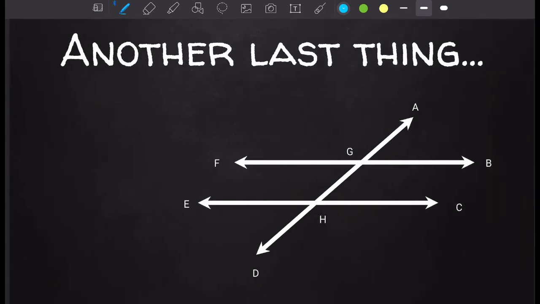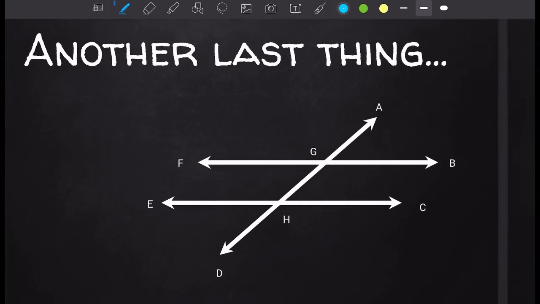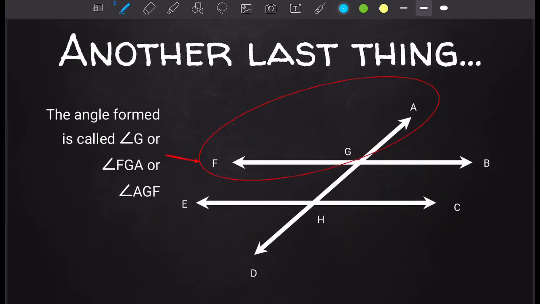Another last thing. An angle formed by these 3 points, we can call it angle G because that's the name of the vertex. Or sometimes they will say angle FGA, an angle formed by point F, point G, and point A. Or angle AGF, A, G, and F. So that you don't get confused: if you see this, that means we're talking about angles.